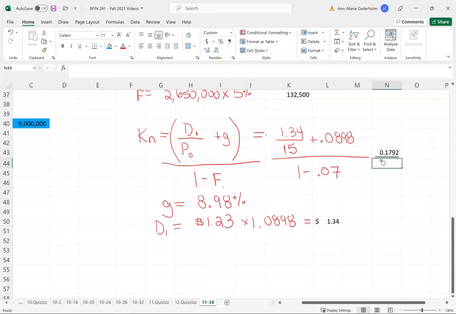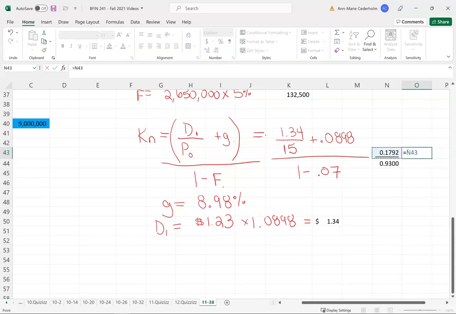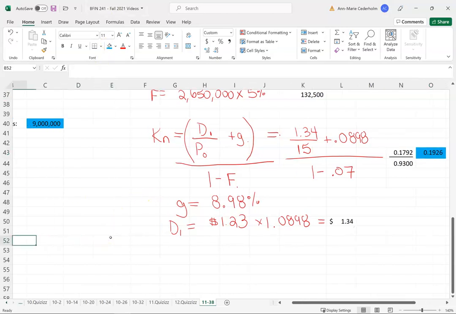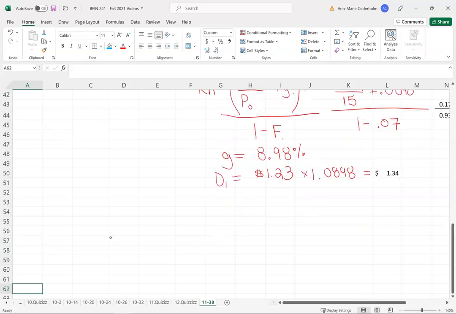And then on the bottom, I'll do 1 minus the flotation rate. So that's 0.093. So if I take 0.01792 and divide that by 0.093, we'll take this to 4 decimal places as well. That will give me 0.1926. So now we have all of the components to put together our weighted average cost of capital.